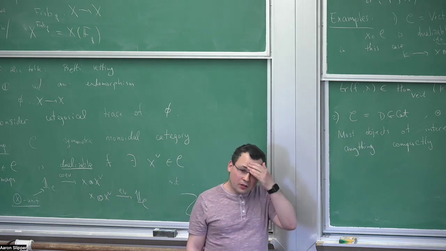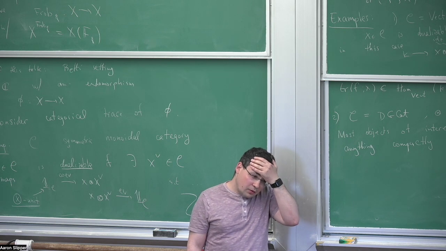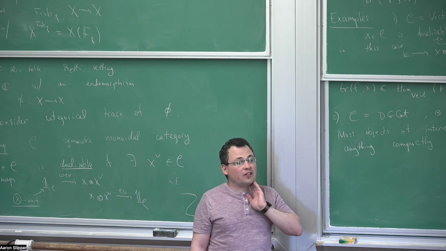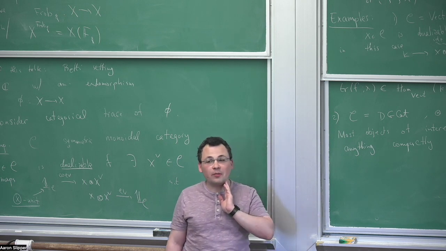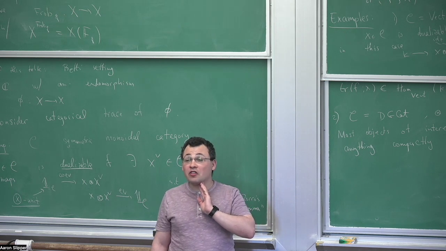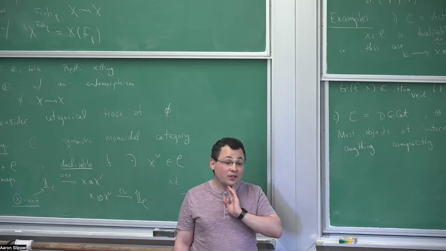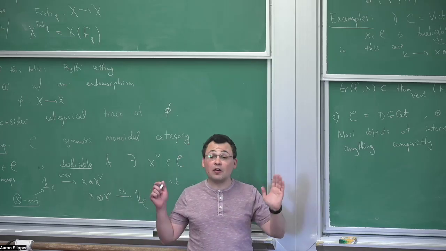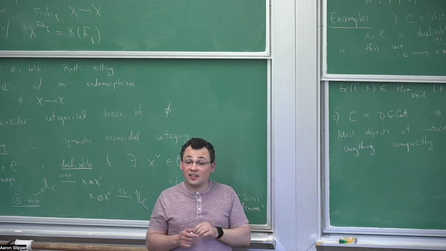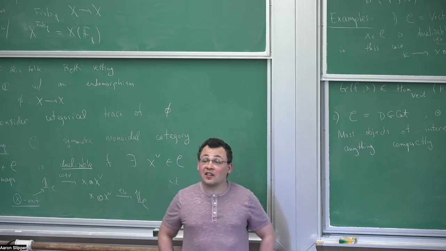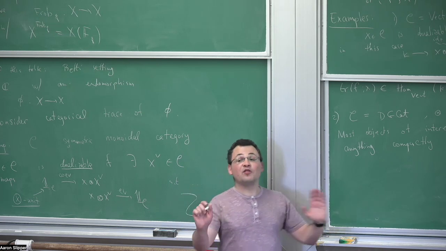I think a good example to consider is the classifying stack of the additive group in characteristic p. Is that known to be dualizable? That's a good question. It's known to not be compactly generated, I think.